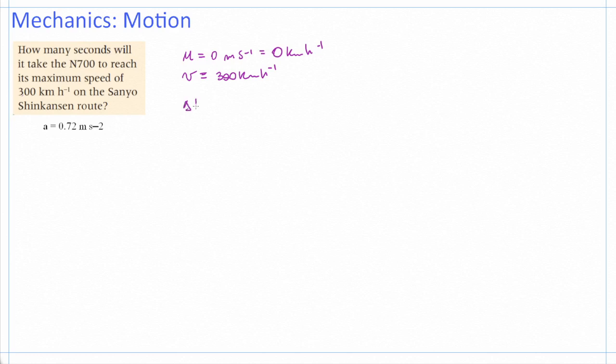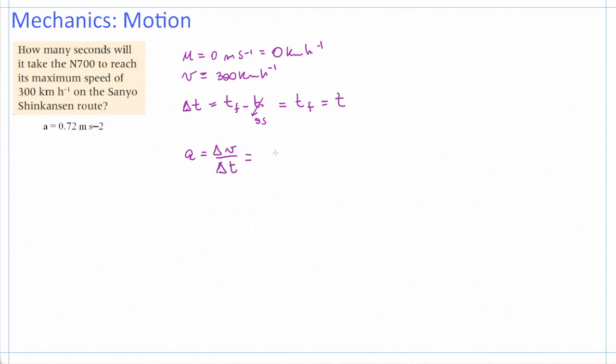Now, we're looking for the change in time, our elapsed time, which would be our final time minus our initial time. However, if we assume that we start counting at 0 seconds, that's simply our final time, and we can just call it time. Does it make sense? Acceleration is change in speed over change in time.